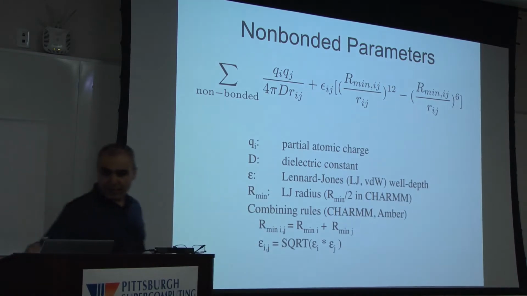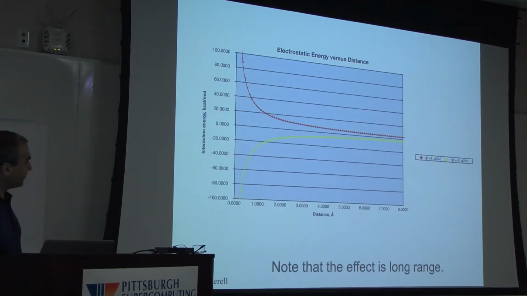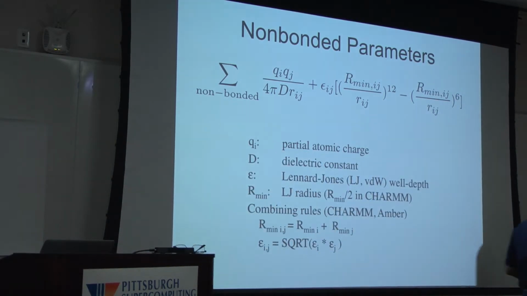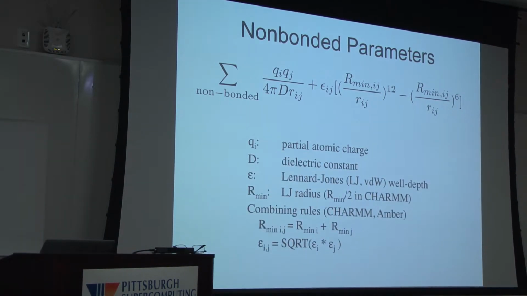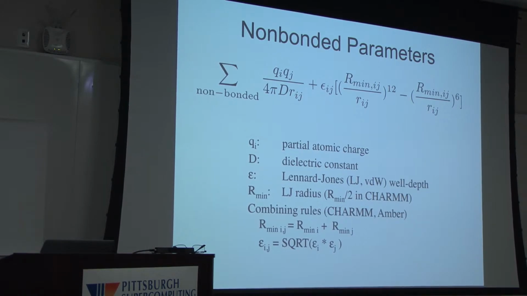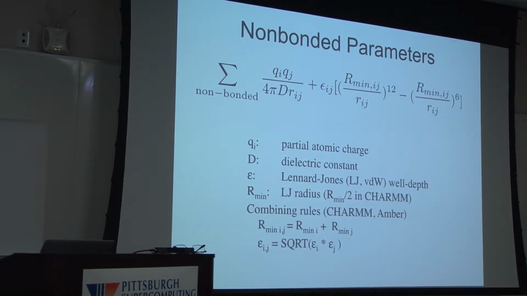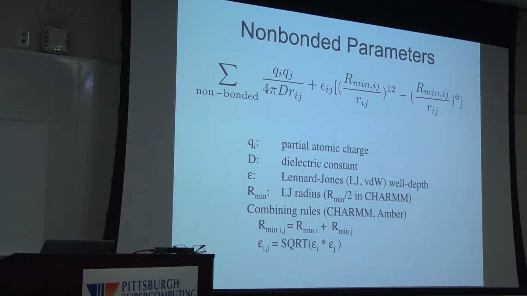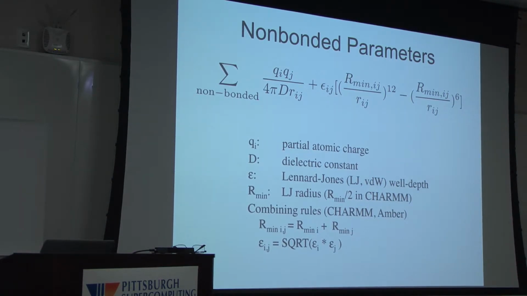OK, so let's see. I don't have an example of this. So the shape of your Lennard-Jones potential, if this is 0, looks like this.